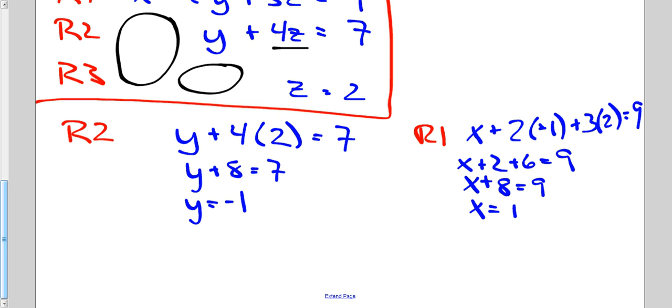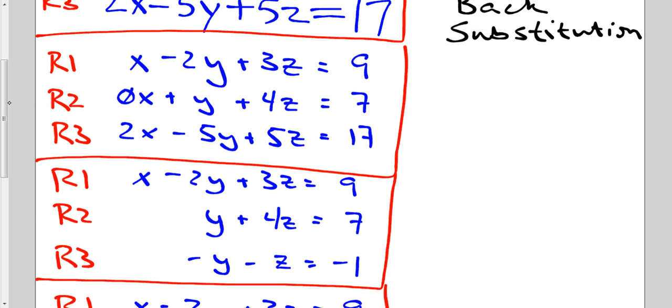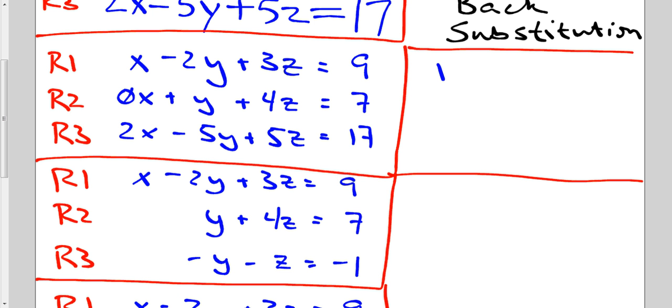Okay? Now, I'm going to throw in a little bit of 7.4. This is a lot of writing, right? I can do the same thing. But I don't need to put the x, y, and z in there, do I? Instead, here's what I do. 1, 2, 3, 9. -2.